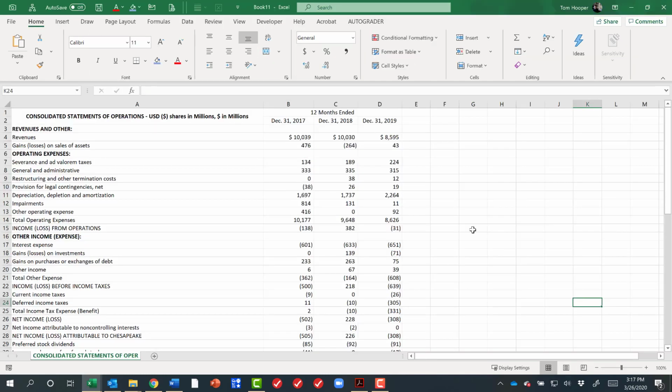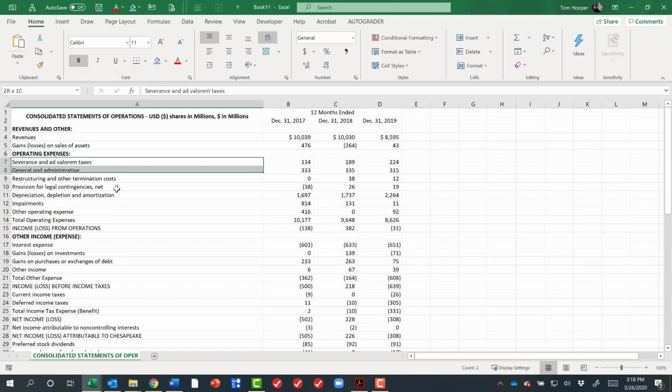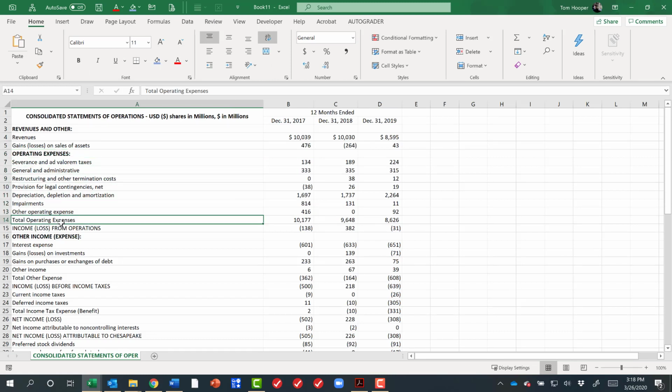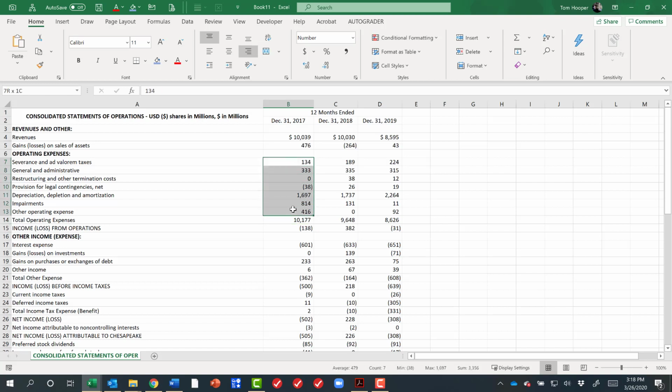This is Chesapeake's income statement, and they talk about operating expenses, which they would lead you to believe add up to something called total operating expenses. The problem is, this year their total operating expenses were about $10 billion. But all of these line items called operating expenses only add up to about $3.3 billion. And so there's a lot missing there.